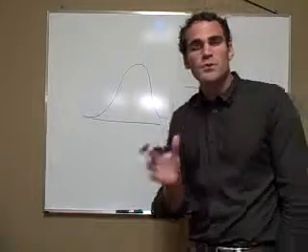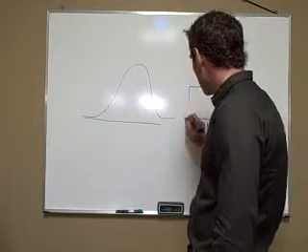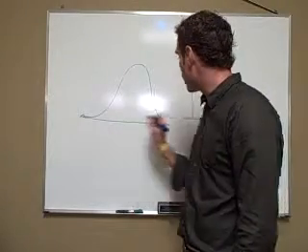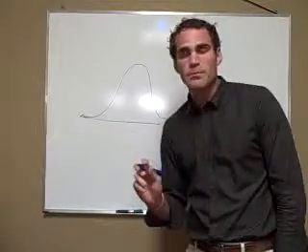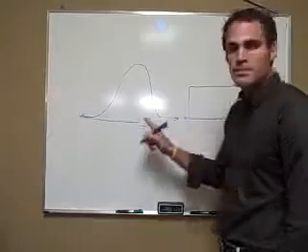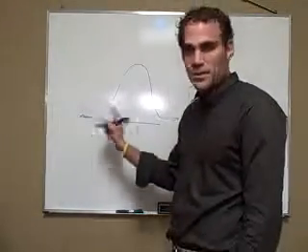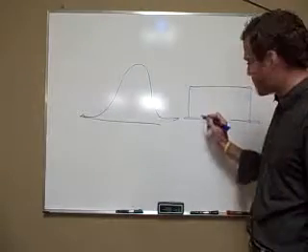The normal distribution goes on forever, but the uniform distribution stops.